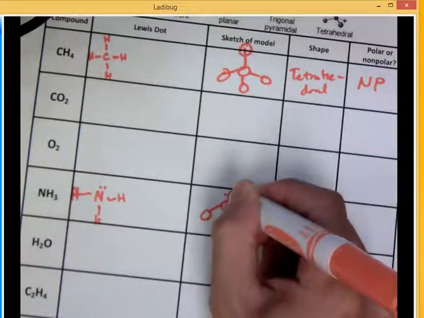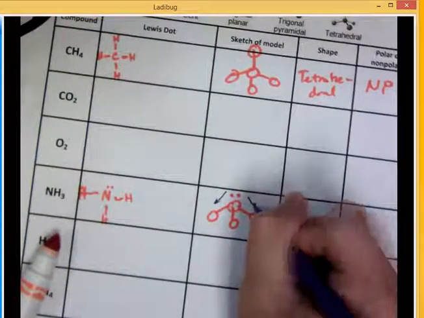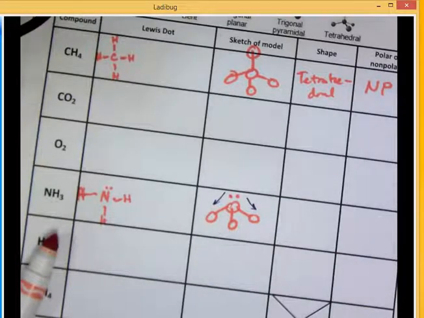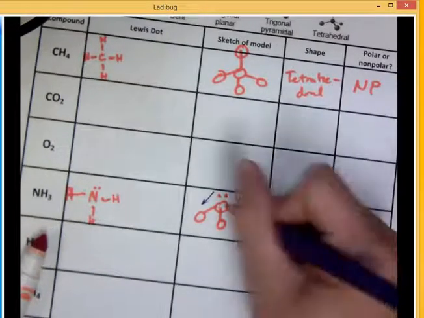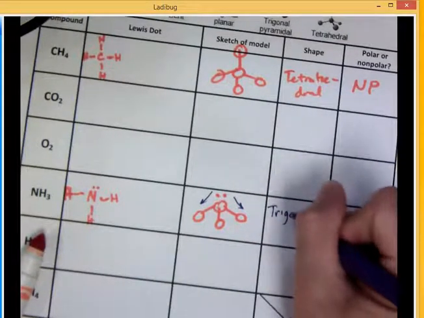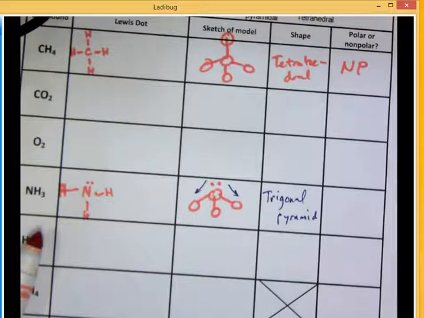Realize that there's a lone pair on top, and it's going to push these things downward to make a pyramid instead of a flat or tetrahedral shape. It makes a 3-footed little creature, and this is called a trigonal pyramid. Is this polar or non-polar? Is there an equal distribution of electrons? If you see dots on one side, this is a lone pair.